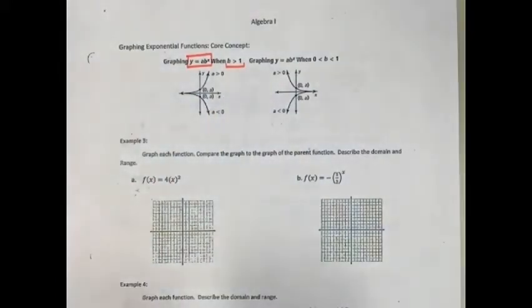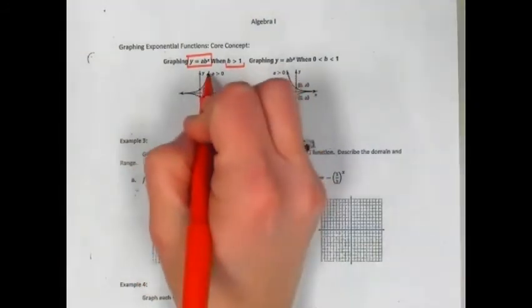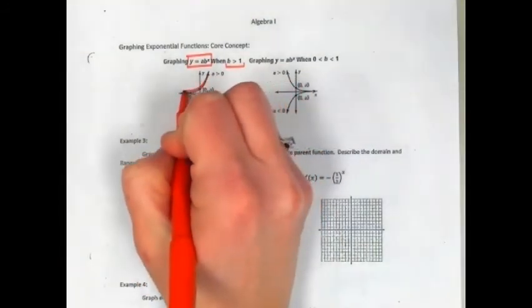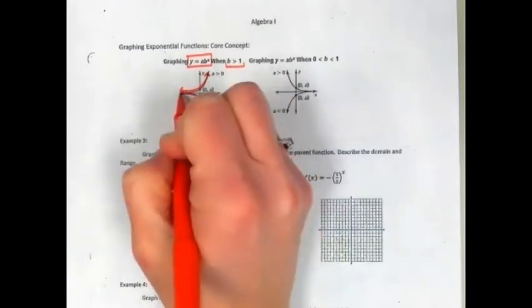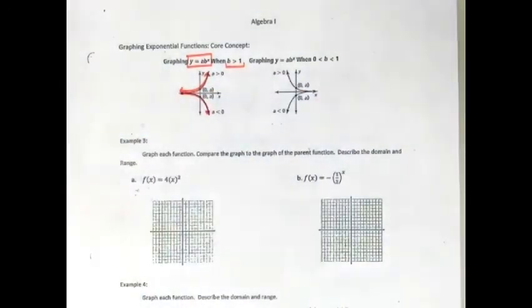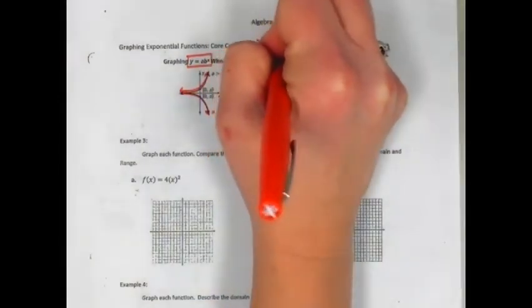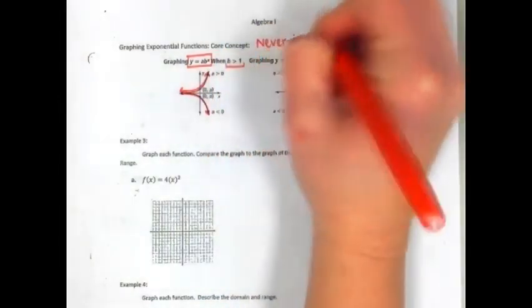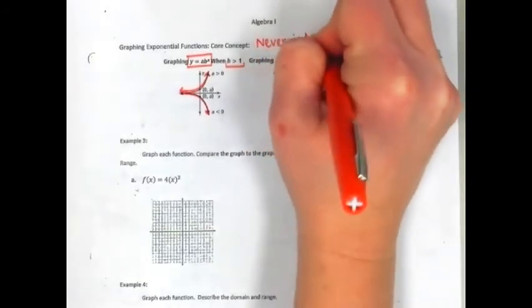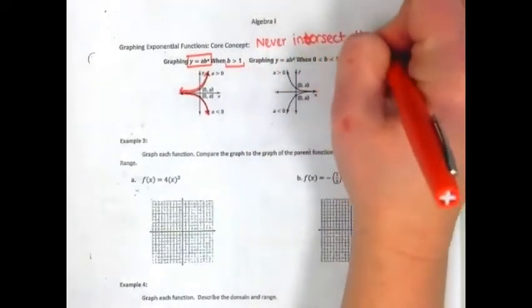Now, if you notice this, both of these graphs never cross what? The x-axis, right? Exponential graphs never intersect the x-axis.